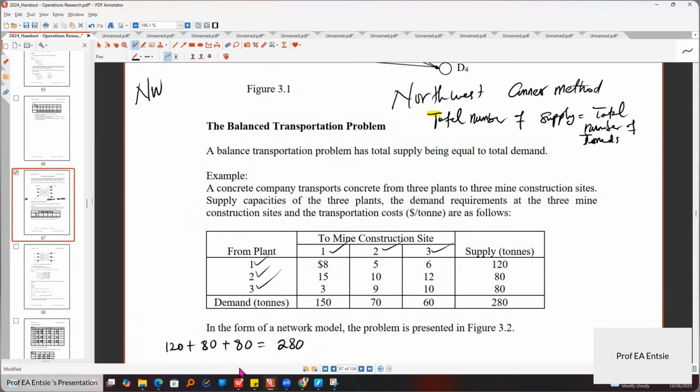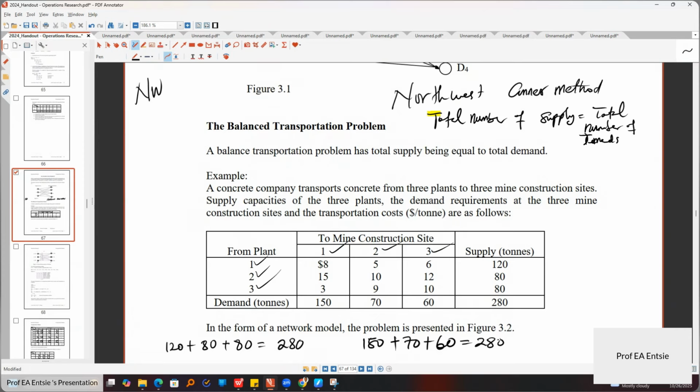Then if you look at the construction sites, from site one we demand 150, from site two we are demanding 70, and from site three we are demanding 60. If you add 150 to 70 to 60, you are also getting 280.